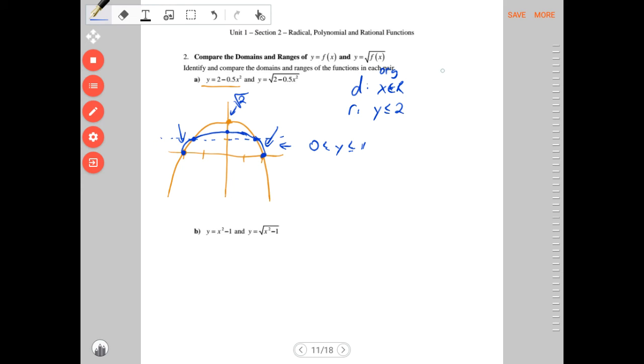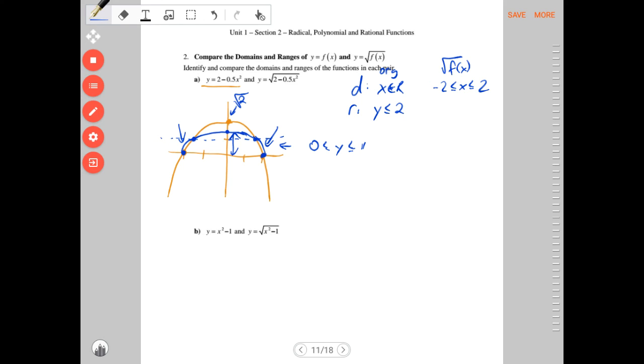On the square root graph, the domain is from -2 to 2, because that is where the y coordinates are positive on that graph. Then the range starts at 0, and goes up to square root 2.